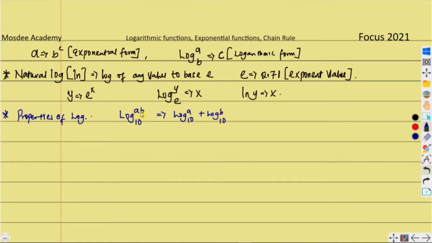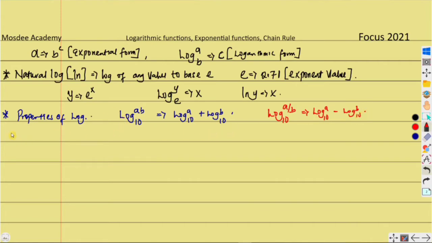Whenever logs are in product of each other, you can take each of them, and what connects them together is nothing but addition. Another one is when you have log of a by b as the argument to the base of 10, it is the same thing as saying log A to the base of 10 minus log B to the base of 10. That is the second property.